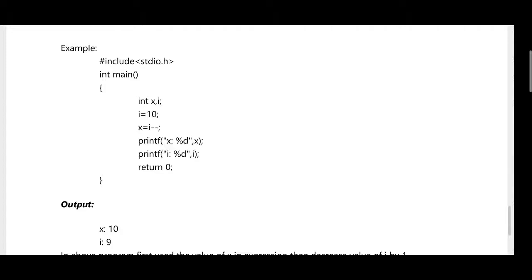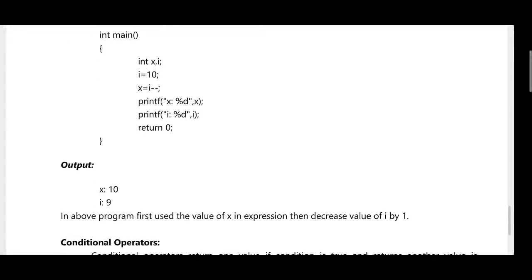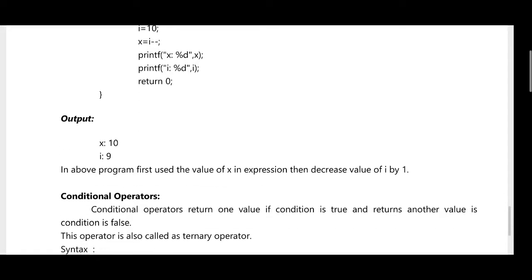The value of x is 10 because the i value is 10, then after post decrement the i value is decreased by 1, so the i value is 9. The above program first uses the value in the expression, then decreases the value by 1.